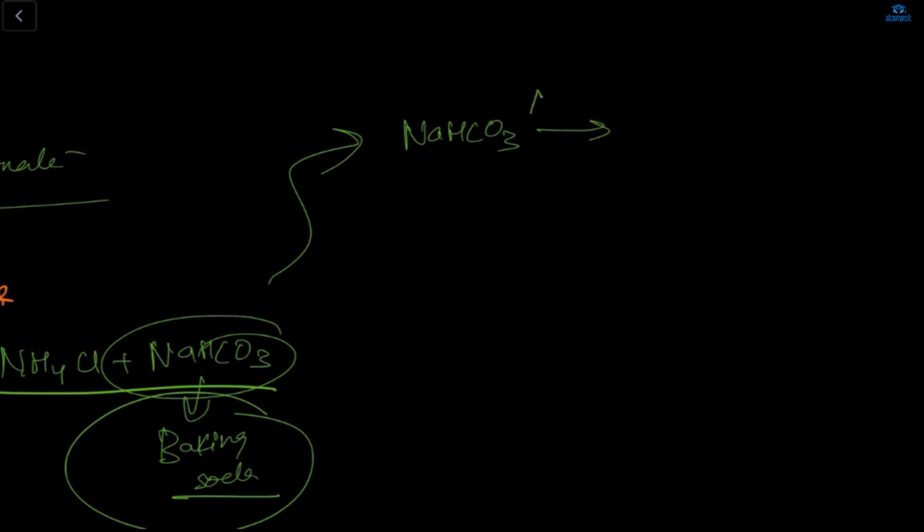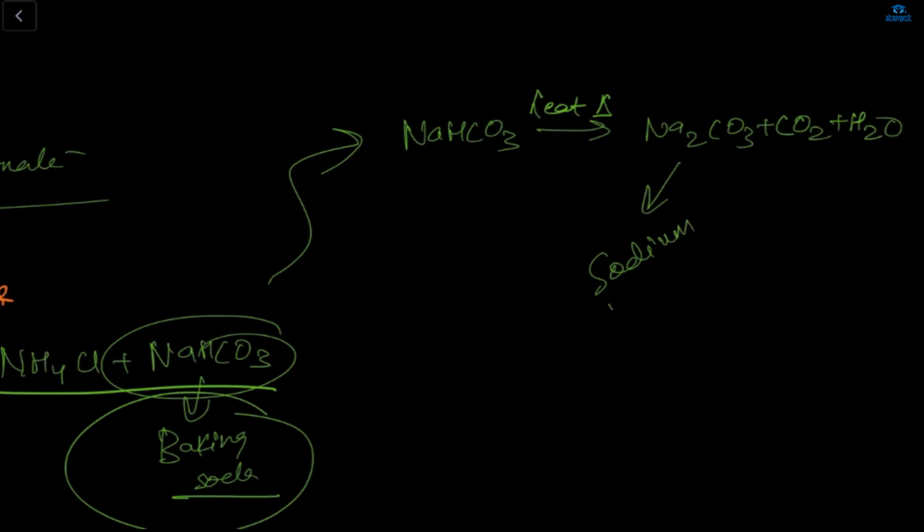If you heat baking soda, the process of heating will come. Heating, the symbol is this delta. On heating it will give Na2CO3 plus carbon dioxide and some water. Na2CO3 is sodium carbonate; CO3 means carbonate. So: sodium carbonate, carbon dioxide, and water.